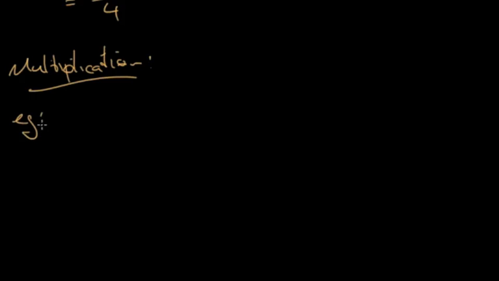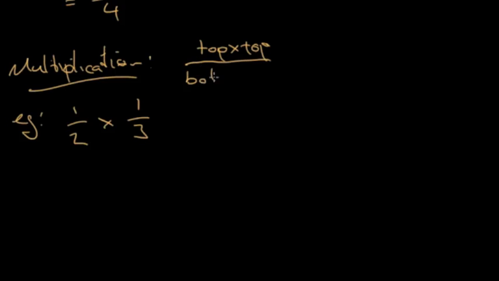The next thing is multiplication. And this one's quite an easy one. Consider one like this, just a half times a third. All we want to do is top times top, in this case 1 times 1 along the top, over bottom times bottom.